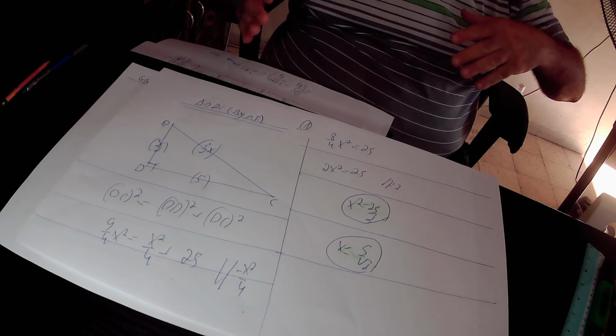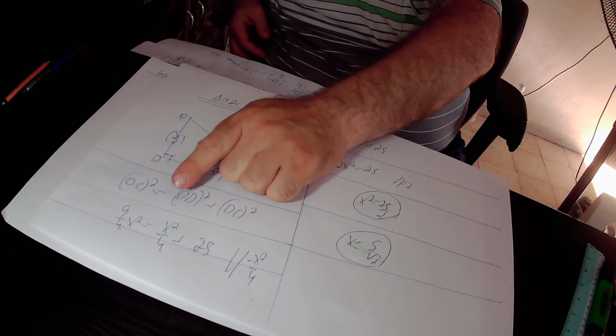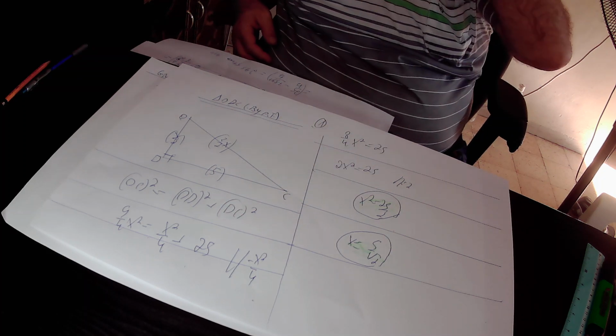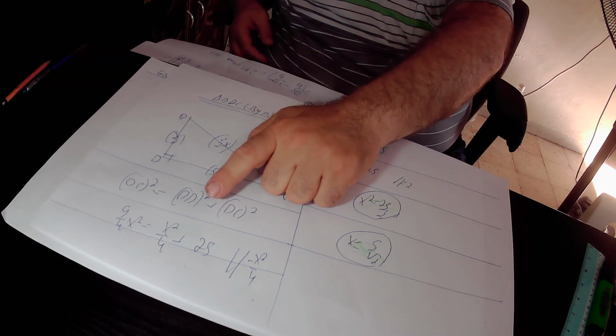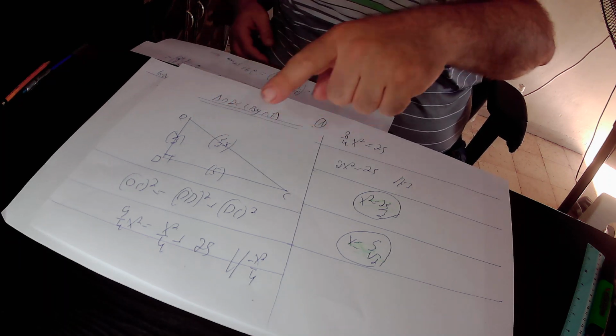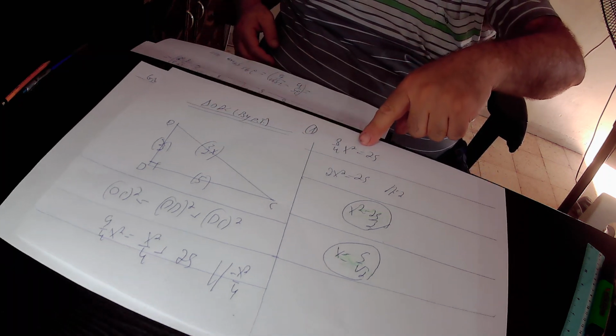So we found that 9 quarters x squared equals x squared over 4 plus 25. Here we moved x squared over 4 to the other side of the equation and found that 9 quarters x squared minus 1 quarter x squared equals 8 quarters x squared.